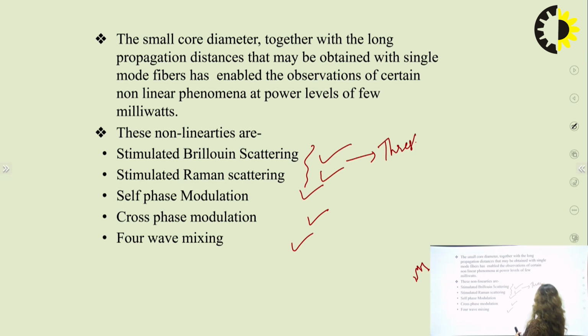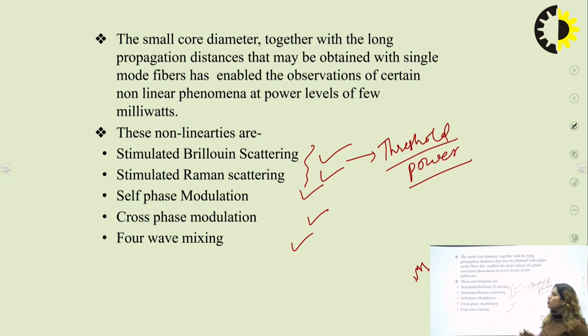Up to that limit of power there will be no scattering phenomena, but once you exceed the threshold, non-linearities will occur in the fiber and the output will get corrupted. Self-phase modulation, cross-phase modulation, and four-wave mixing are also non-linearities. You can see these non-linearities in a later lecture.